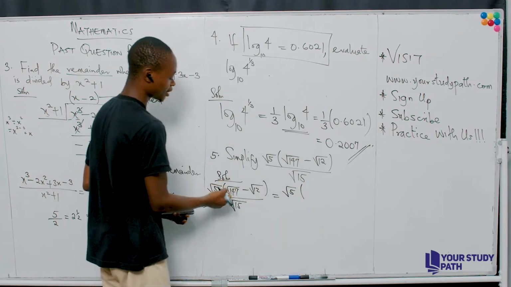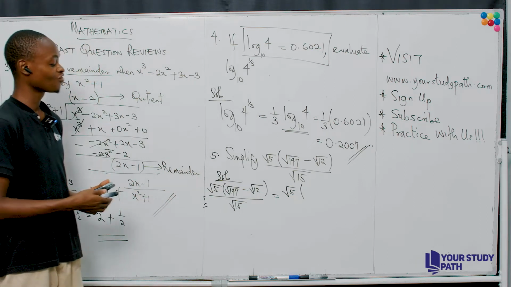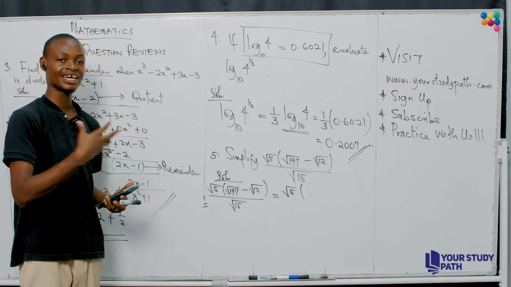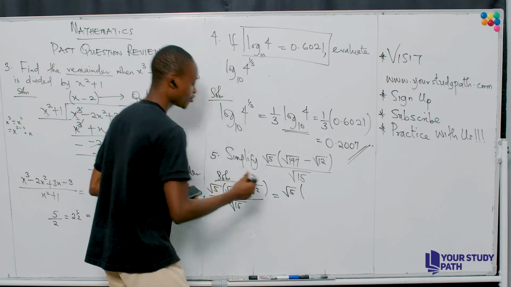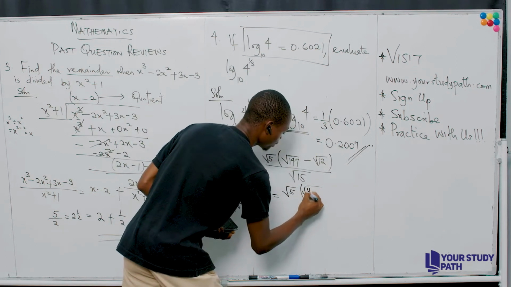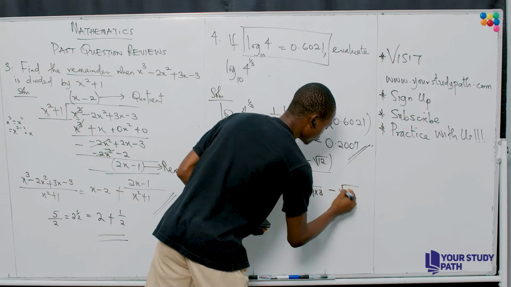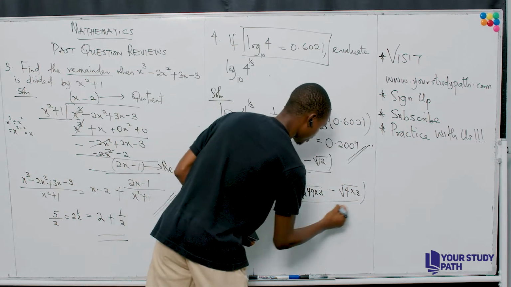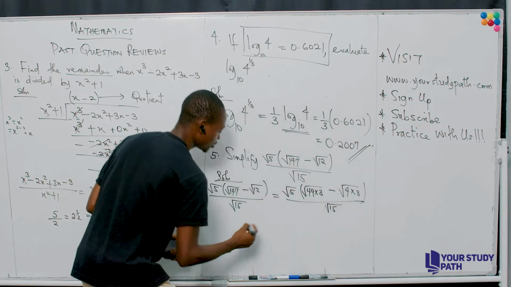Now, I can break this down. 147, in fact, remember what we said. Every single value will reduce to a number in the first 10 numbers we have. So root 147 can be broken as root 49 times 3. And root 12 can be broken as root 4 times 3. And then we'll divide by root 15, which we'll just leave like that for now. If we have a need to break it, we will.